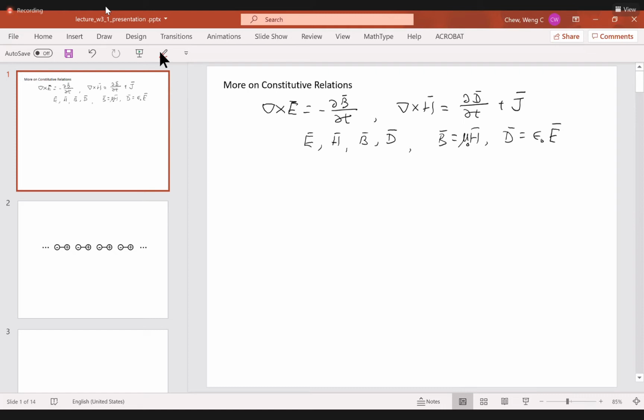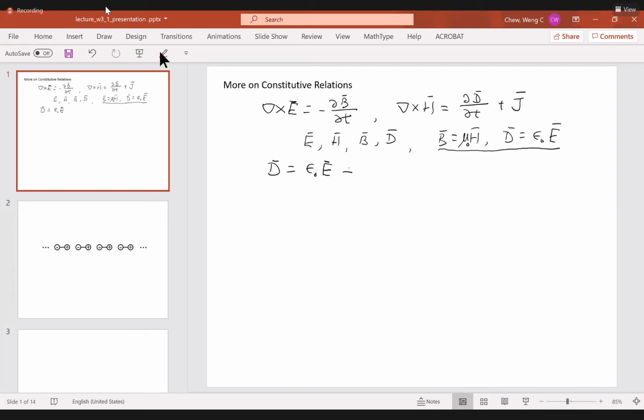But today we're going to do a little bit more. The constitutive relations that we have introduced are not sufficient to describe many different kinds of media. To be more complete, we have to say that the electric flux is the electric flux coming from the vacuum plus a term that comes from the material.